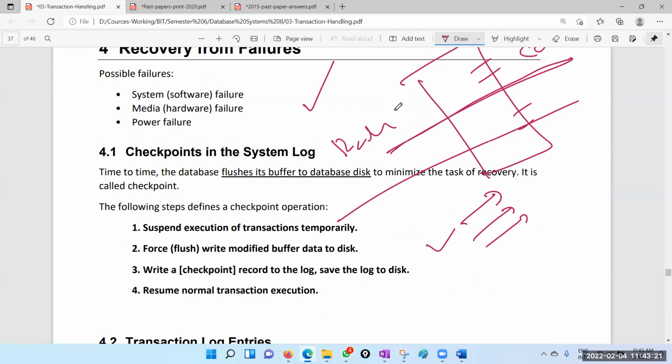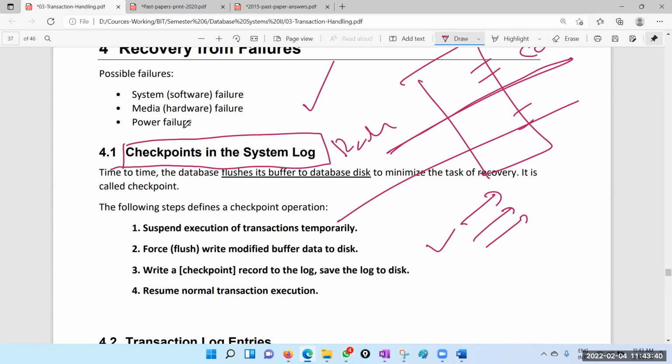So this is what happens. From time to time, your database management system takes something called checkpoints. How often depends on the criticality of the database and how often you do the transactions.